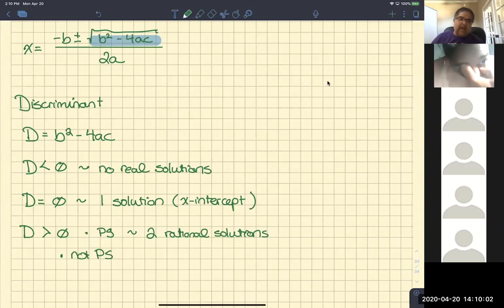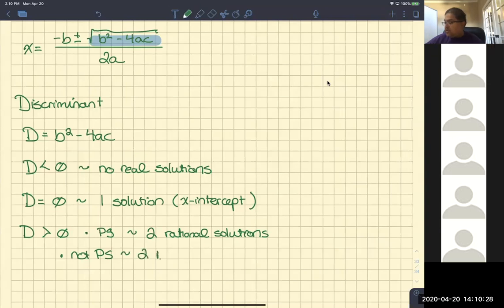Now remember what a rational number is. It's a number that can be written as a fraction. So your integers, your whole numbers, and of course your fractions. Okay? And if you have a perfect square, that means that you have two x-intercepts and they're both rational numbers. That's like the best situation. Now, if it's not a perfect square, that means you have two irrational solutions.